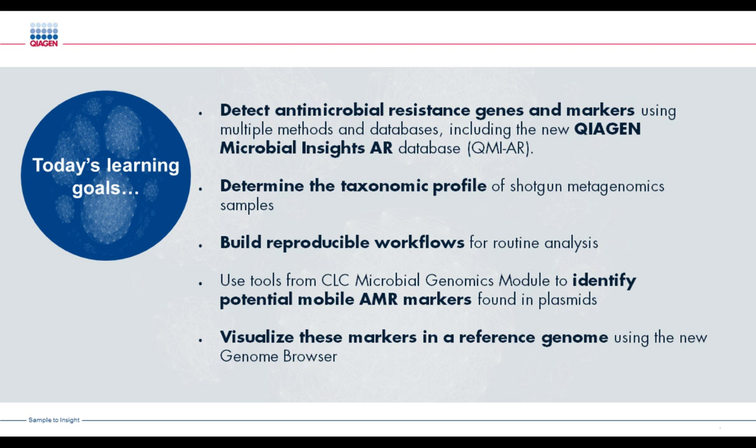Our goals for today are first to show how to detect antibiotic resistance genes and their markers using multiple bioinformatics methods and databases, including the new QIAGEN Microbial Insights AR database, determine the taxonomic profile of shotgun metagenomic samples, build reproducible workflows for routine analysis of your data, and how to use the CLC Microbial Genomics module to identify potential mobile antimicrobial resistance markers found in plasmids and other mobile elements.